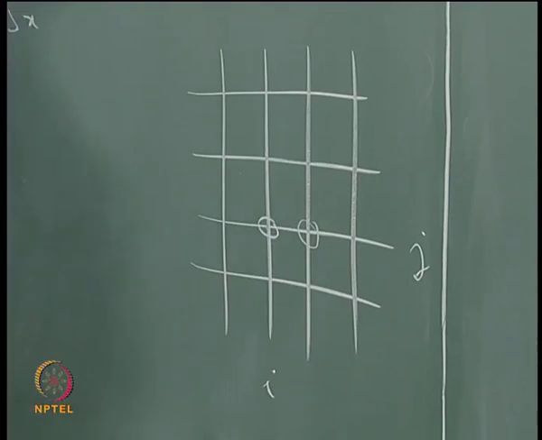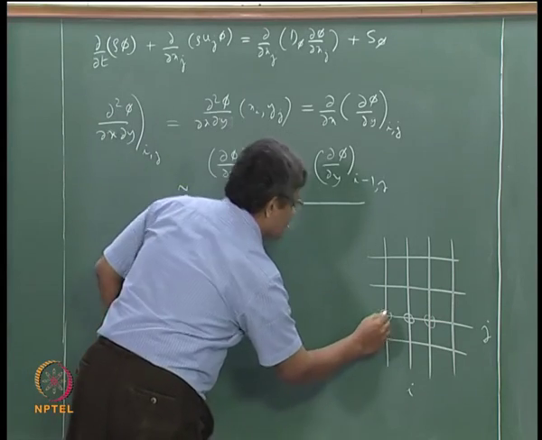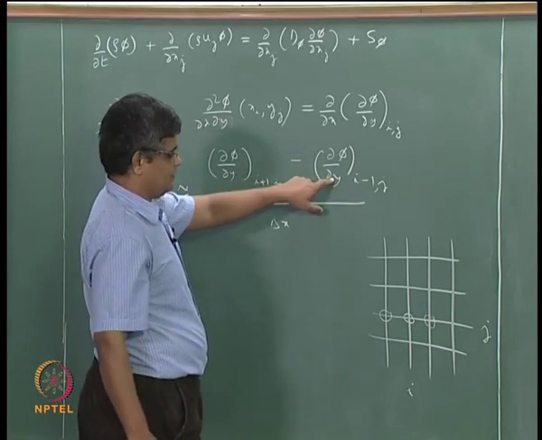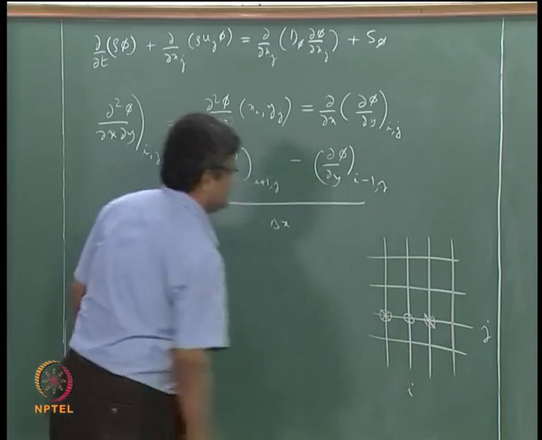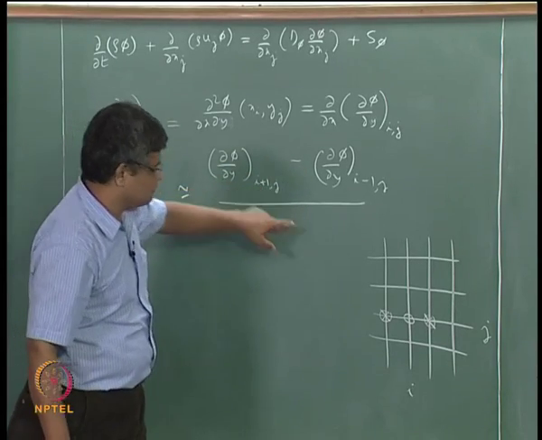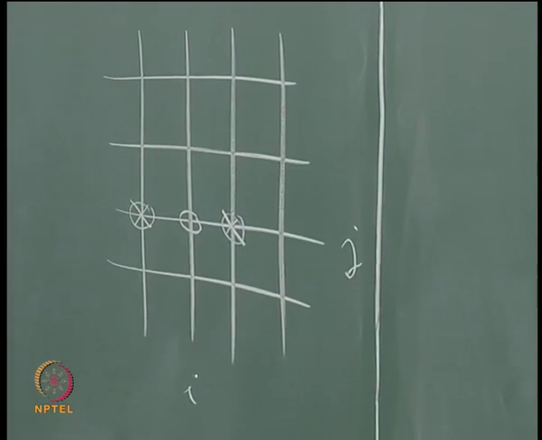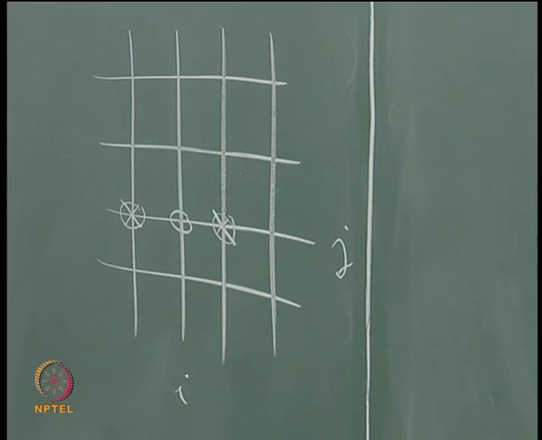This is the point at which d phi by dy has to be evaluated, and this is the point at which this has to be evaluated. Okay, so let us mark these points like this, and we can write dou phi by dou y at I plus 1 j at this point in terms of phi value here and phi value here using central differencing.